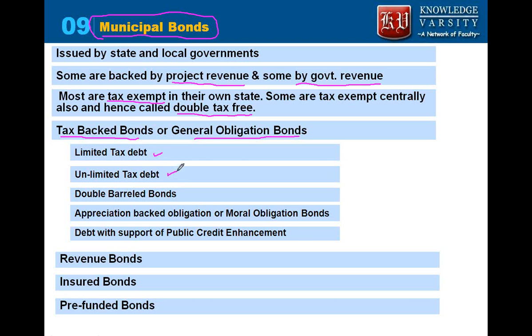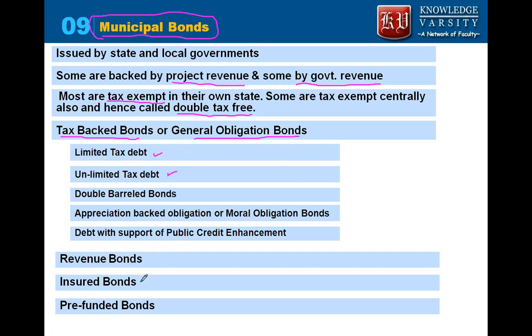In contrast, you have unlimited tax debt wherein the tax rate can be increased. Some of these bonds are called double barrel bonds, appreciation backed obligation, debts with support of public credit enhancement. So these are some of the tax backed bonds. Then you have revenue bonds, that is, these are backed by the project revenue.